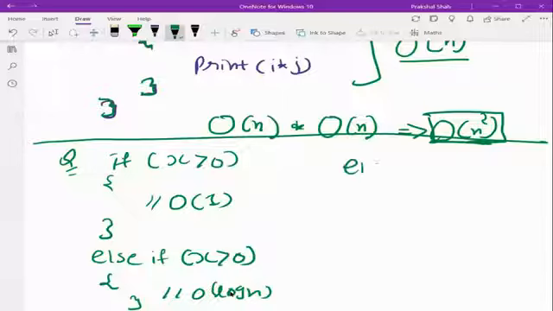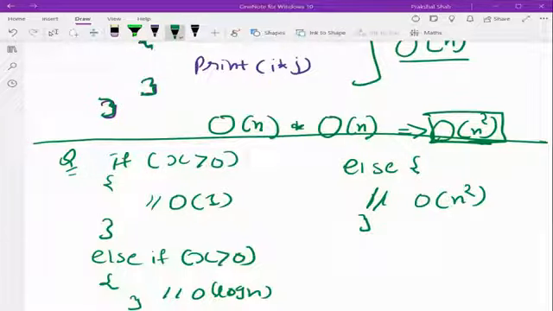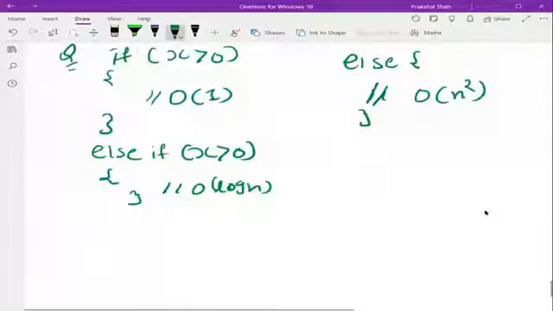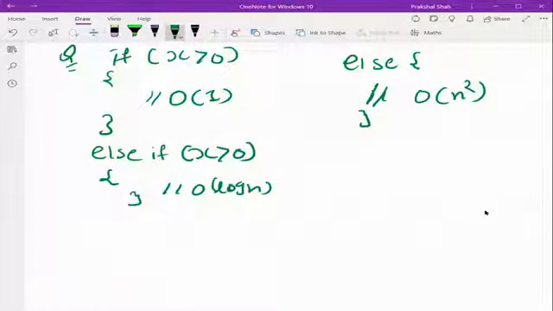And I will also have an else in my program which is running in order of n square. So what will be my complexity here? What will be my order of complexity here? Okay, what should be my answer here? Think about it, Joseph. Then answer. Take your time.